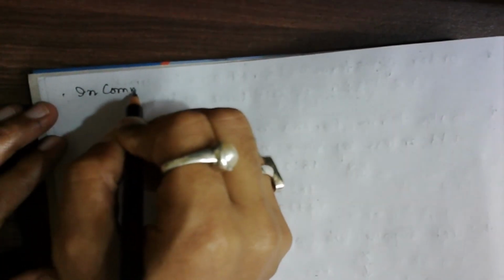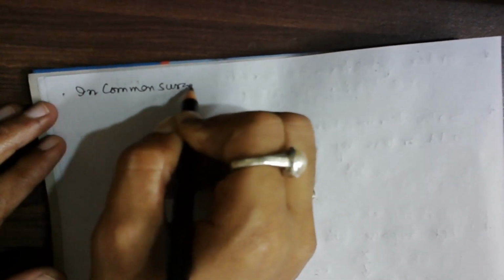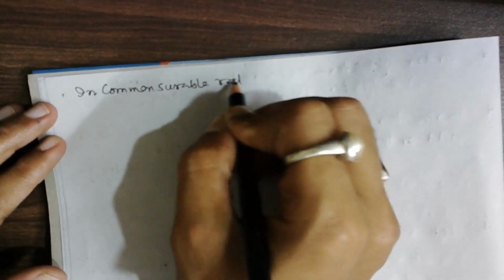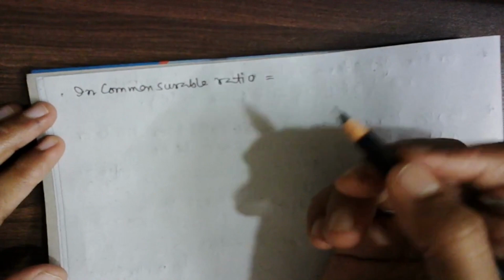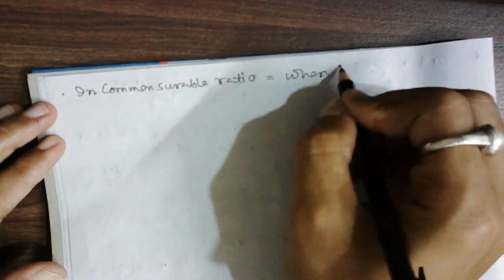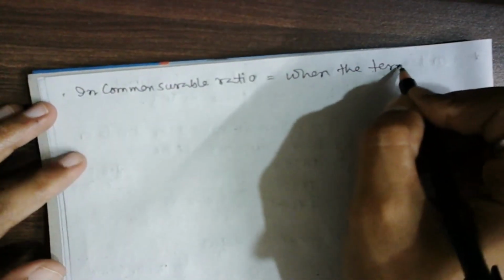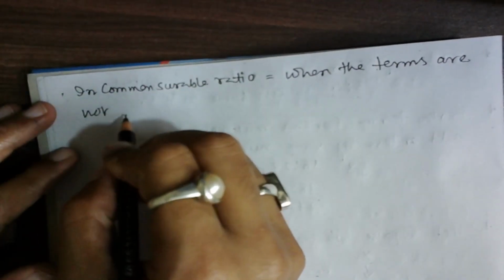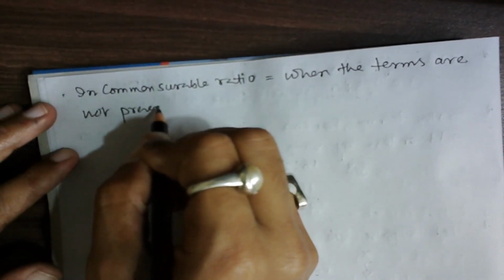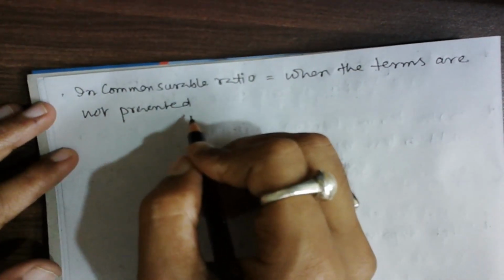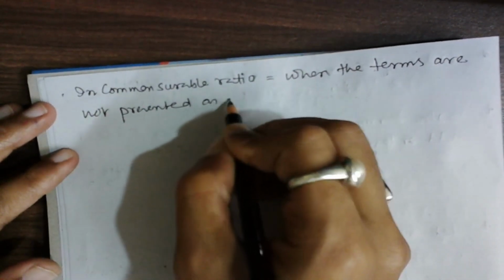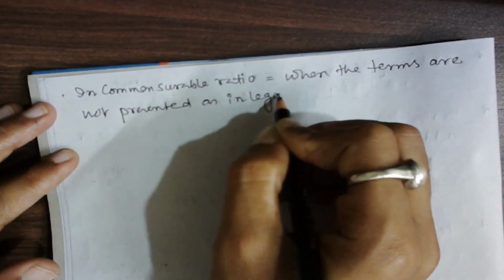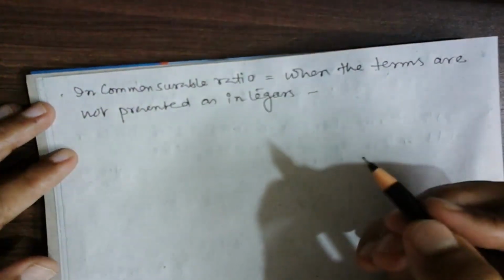When the terms are not presented as integers, it is called an incommensurable ratio.